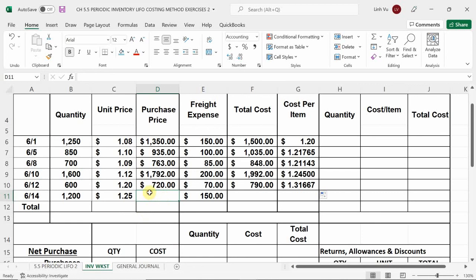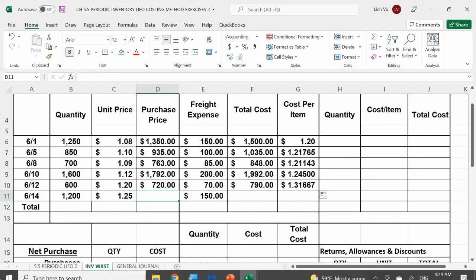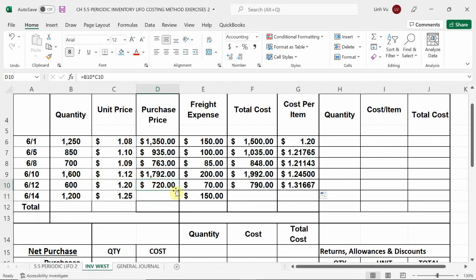All right. Last one we have here is June 14. We purchased 1,200 units at $1.25. So what is my total purchase price here? 1,500, plus 150.